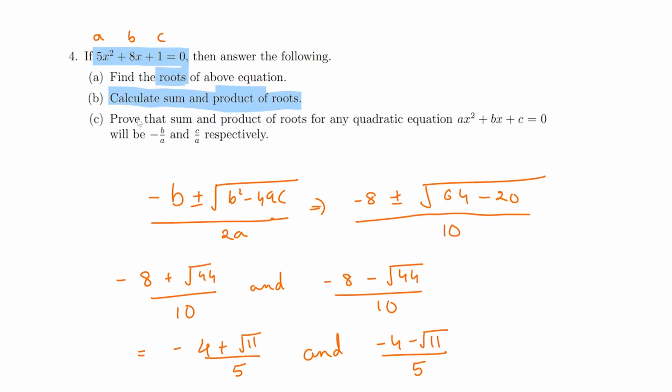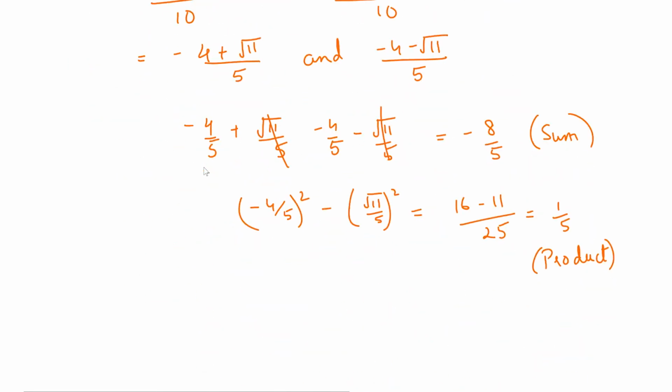The question is asking us to prove that the sum and product of roots for any quadratic equation will be this and this respectively, minus b by a and c by a respectively. So all we need to do for this is to sum minus b by 2a plus root of b square minus 4ac by 2a.